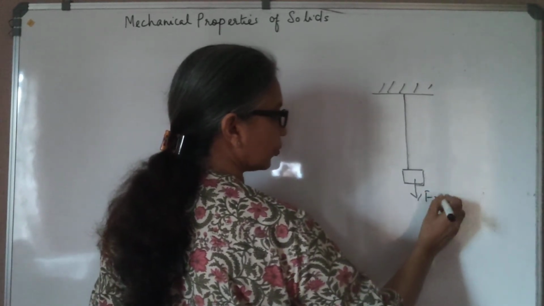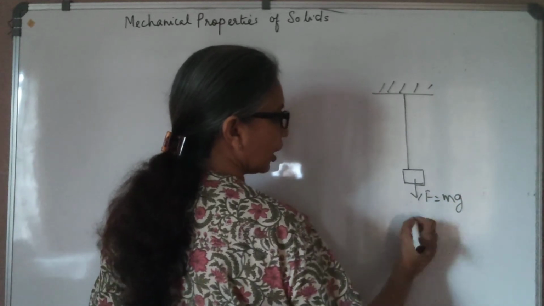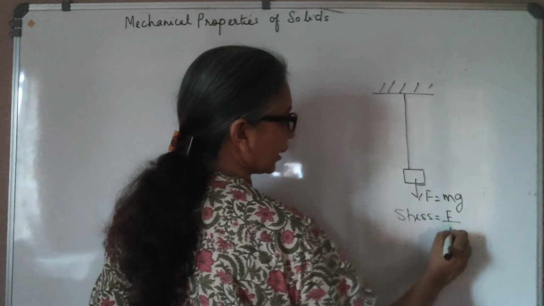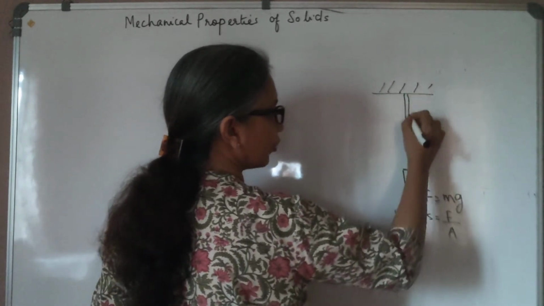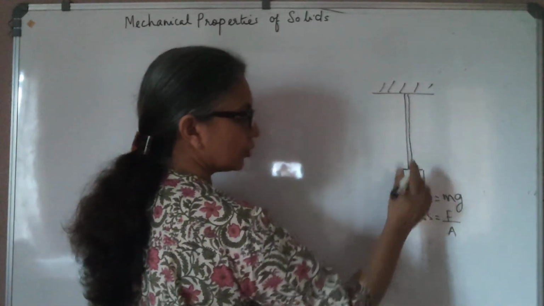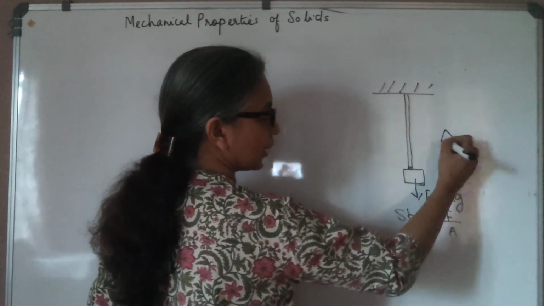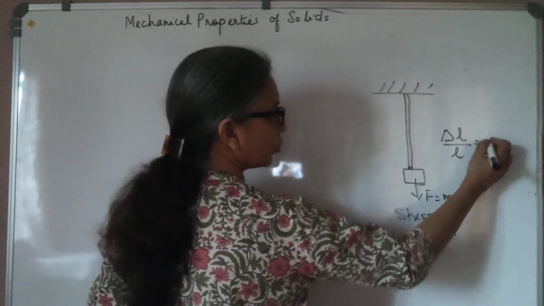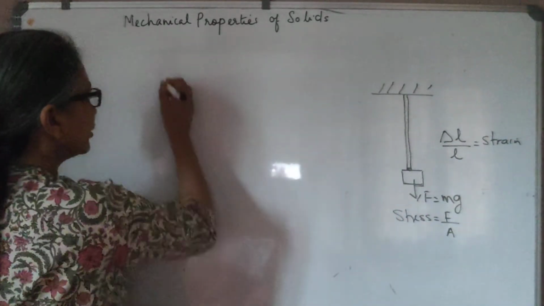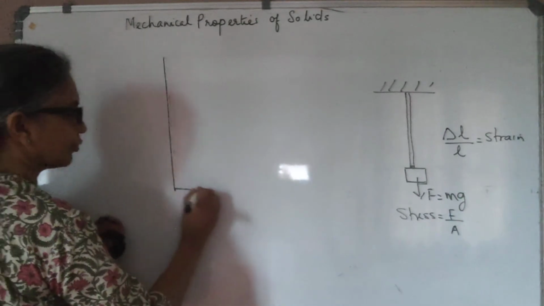The force applied here will be M into G, and so we may calculate the stress by F by A, finding out the area of cross section of the wire. And as we load it, we can find the change in length by original length, which is the strain. These two quantities are what we are going to plot on a graph.